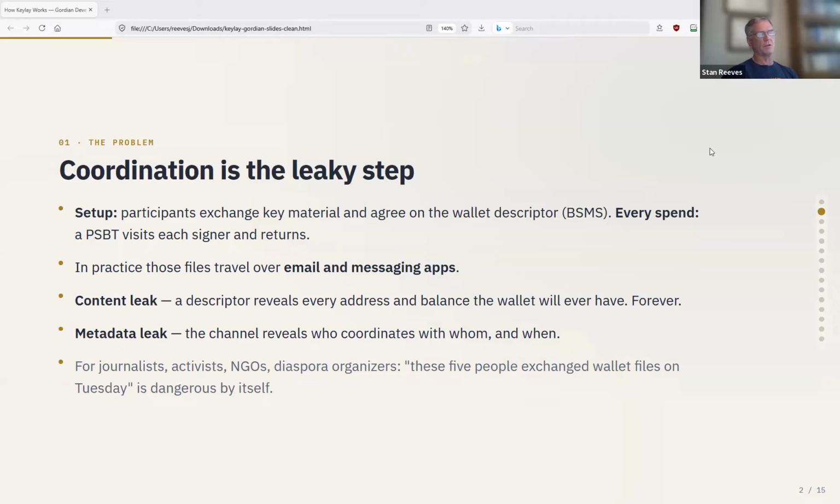So I'm just going to go through the cryptographic reasoning here on how this thing works, and then I'll do a demo near the end of it. First of all, in order to get the multisig set up, everyone has to share key material and put together a wallet descriptor. So you have to have communication among all the participants to do that. Again, you could put everybody in the same room, but that has its own risks.